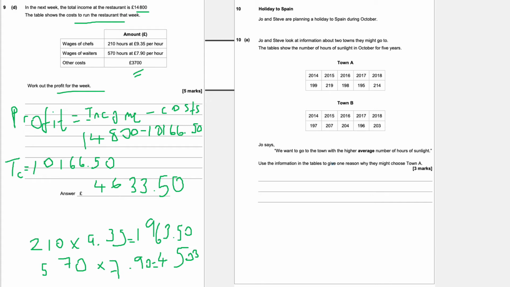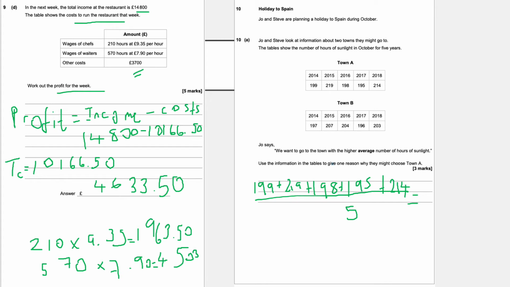If I add up all these numbers, 199 plus 219 plus 198 plus 195 plus 214, and divide that all by 5, it's going to tell me what I call the mean, which is a type of average. That is going to tell me the average amount of sunlight in Town A over the years.